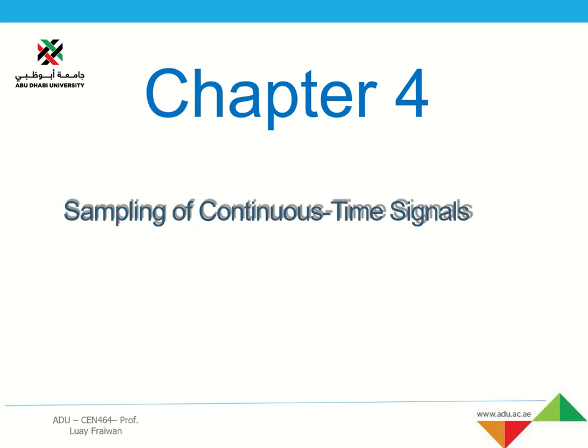Before going into the details, a quick review of the impulse properties. When an impulse is multiplied with a signal, we get the signal value at the impulse location, together with that impulse.